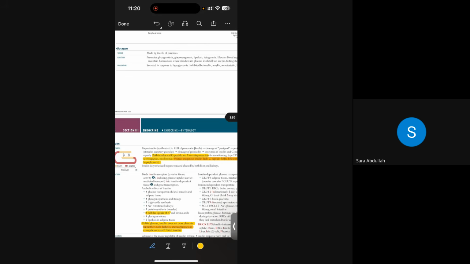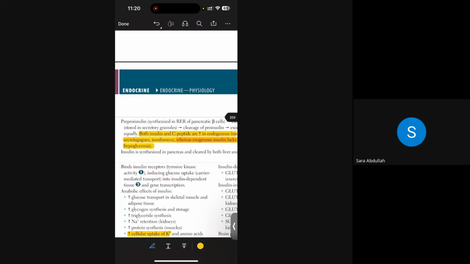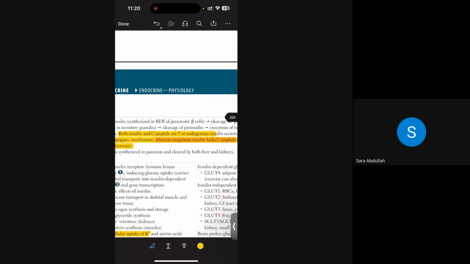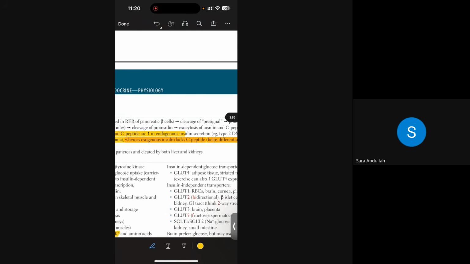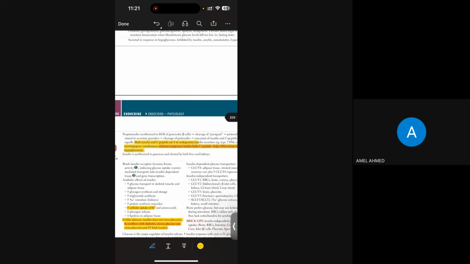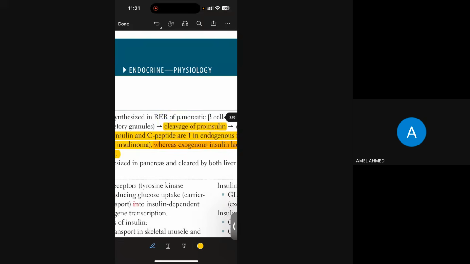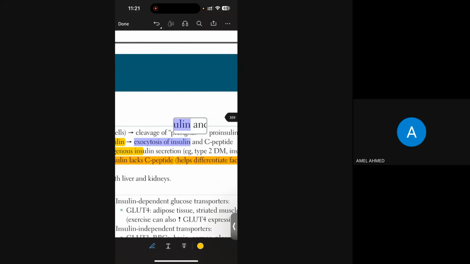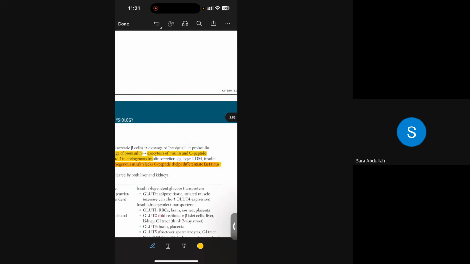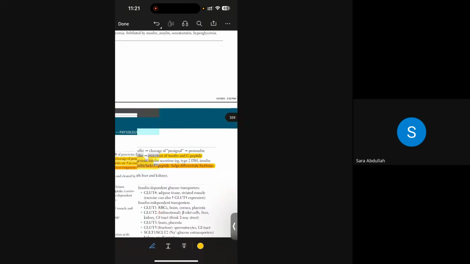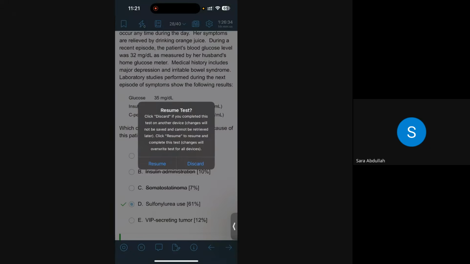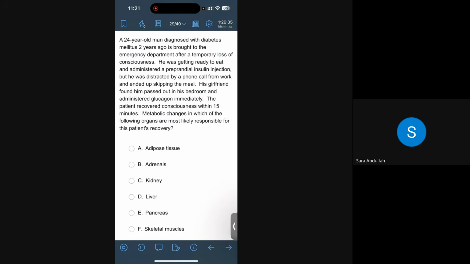Both insulin and C peptide are increased in endogenous insulin, while exogenous insulin lacks the C peptide. First there is proinsulin; cleavage of proinsulin results in insulin plus C peptide. Okay, let's move on to the next one.